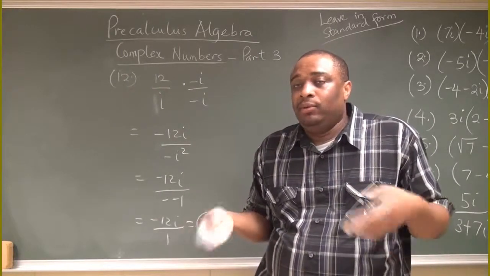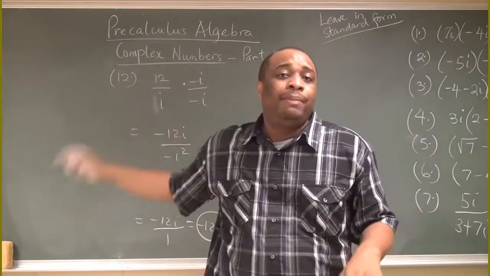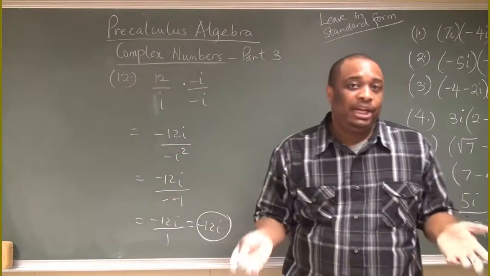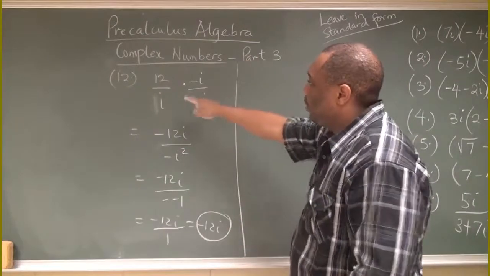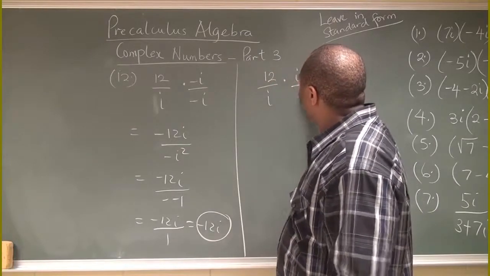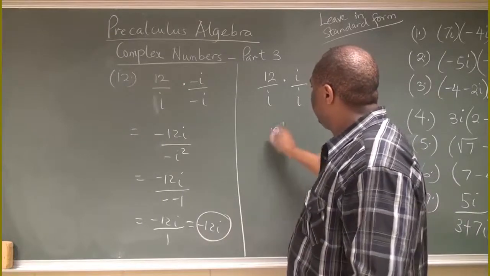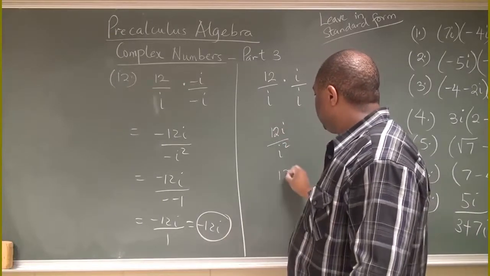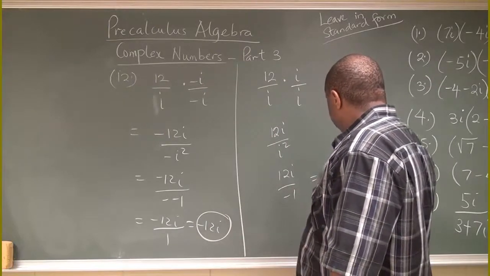I times I will be I squared, which is negative 1. So when you have only a pure imaginary number, you must not multiply by the conjugate. We can do this as 12 over I times I over I. And this will give us 12i over I squared, which is 12i over negative 1, which is negative 12i.